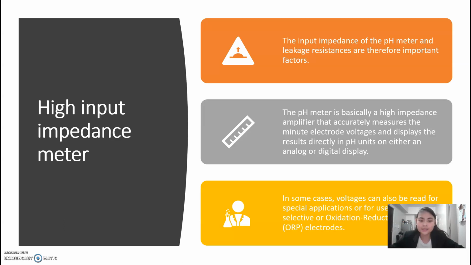In some cases, voltage can also be read for special applications or for use with ion selective or oxidation reduction potential or ORP electrodes.